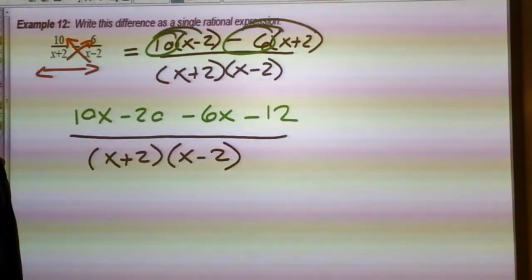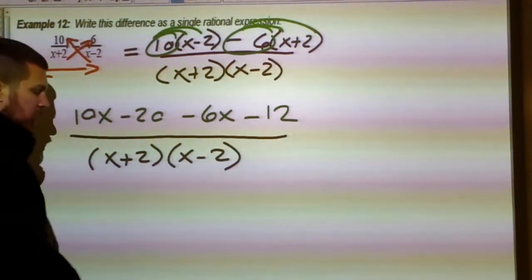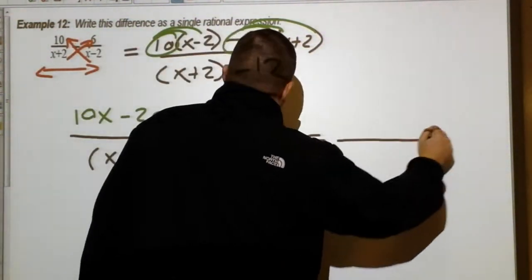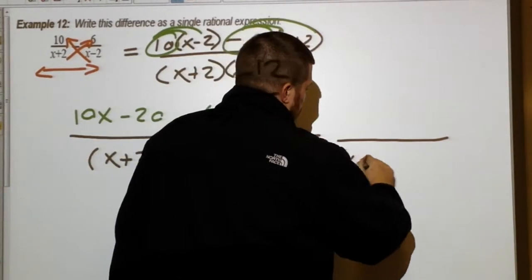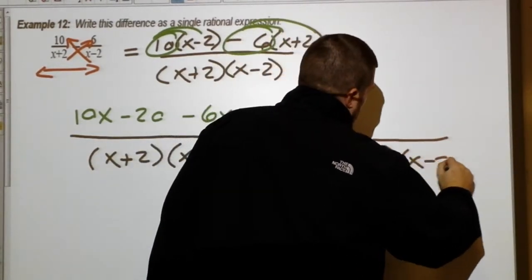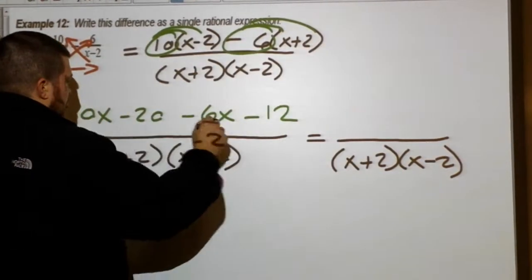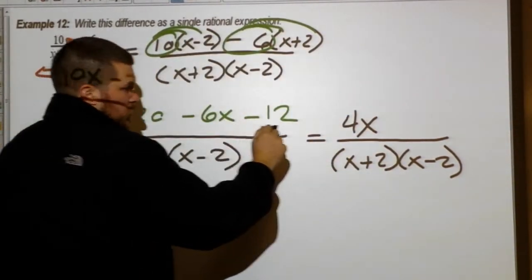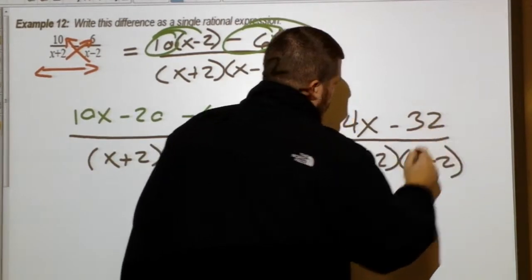What we want to do is start combining like terms in our numerator to simplify as much as we possibly can. So again, the bottom stays the same, and in our numerator, 10x minus 6x is 4x, and negative 20 minus 12 is negative 32.